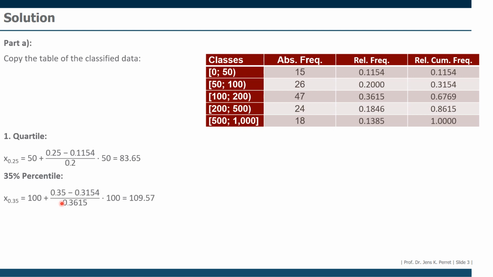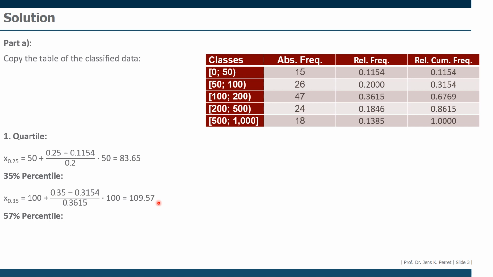Again, multiplied with the width of the class, which is upper bound minus lower bound. 200 minus 100, giving us this 100 here. And a total 35% percentile of 109.57.